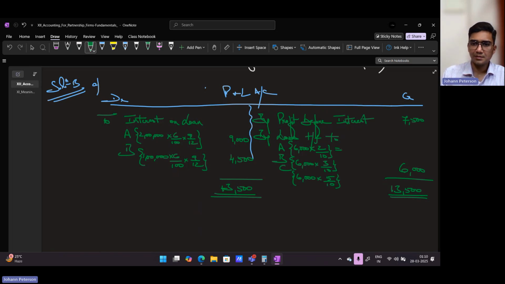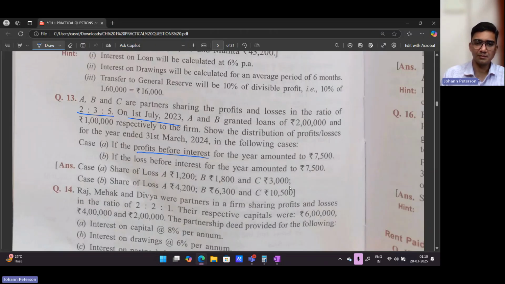So 6 twos are 12 divided by 10 makes it 1200. This makes it 6 threes are 1800, and this makes it 3000. Okay, so these are the answers. 1200, 1800, 3000 will be the losses.